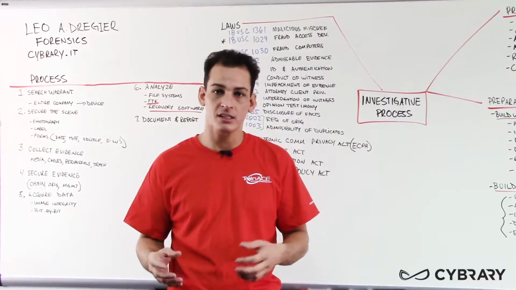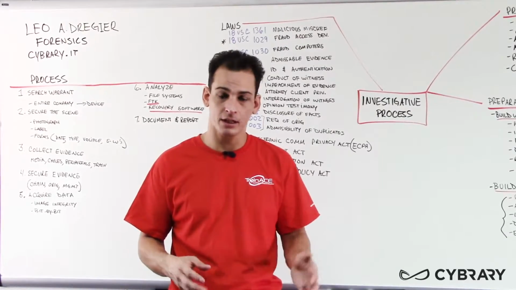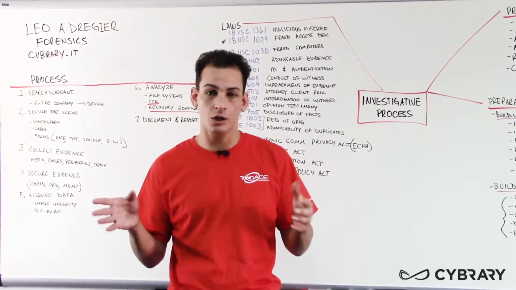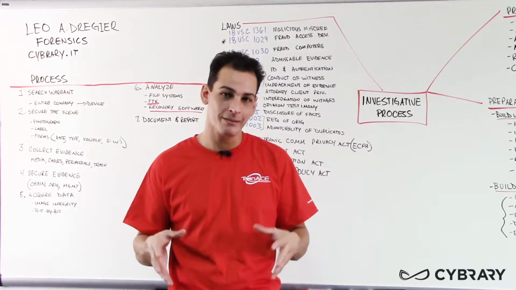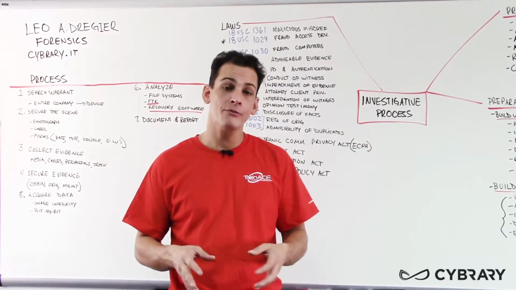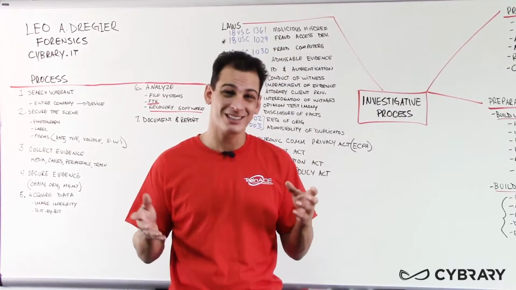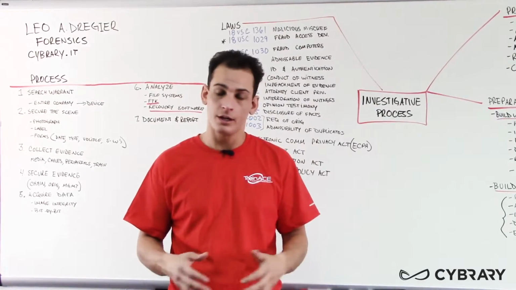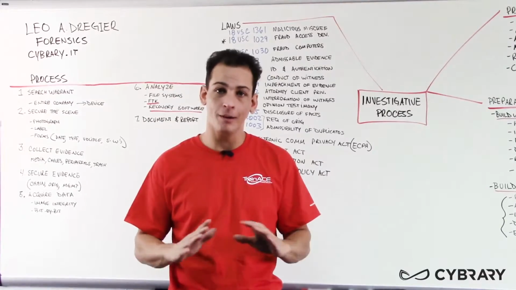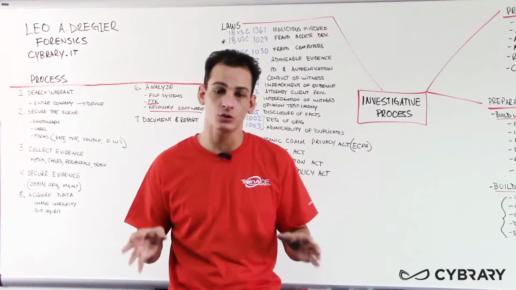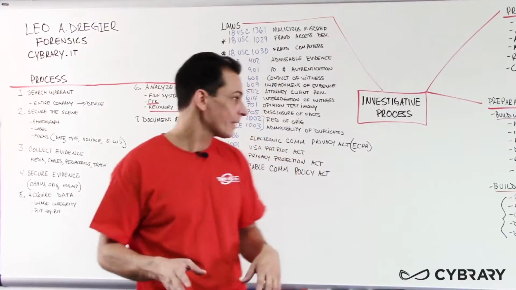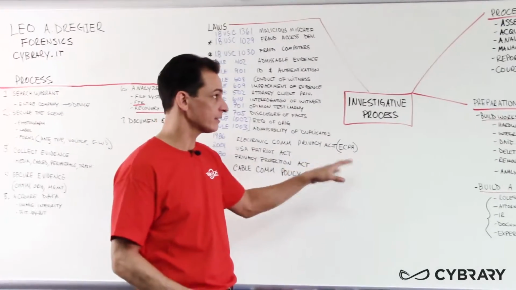Now, the difference here is that if you're doing it internally inside of a company, or if you're reaching out to a consultant, information dissemination is controlled. However, if you reach out to law enforcement, they start running the show, so information dissemination is not necessarily controlled. Law enforcement is going to have their own policy, standards, procedures, and guidelines, oh my. All right? So that's the big picture of the investigative process.